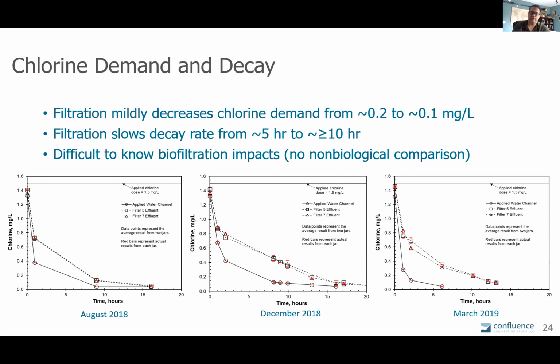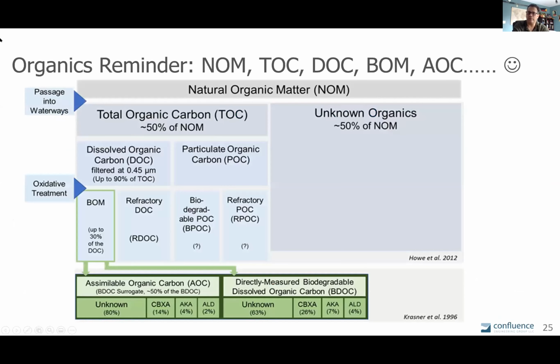And the decay rate slowed, compared to the chlorine demand decay before filtration, by about 5 to 10 hours when you get down to a terminal residual of, let's say, 0.2 milligrams per liter. So it was definitely showing a benefit to chlorine demand and decay. Again, we didn't have a non-biological comparison, but this was a nice thing for the PUC to see and to think about for building future changes to the monitoring program, to investigate how that CDD can possibly be improved.